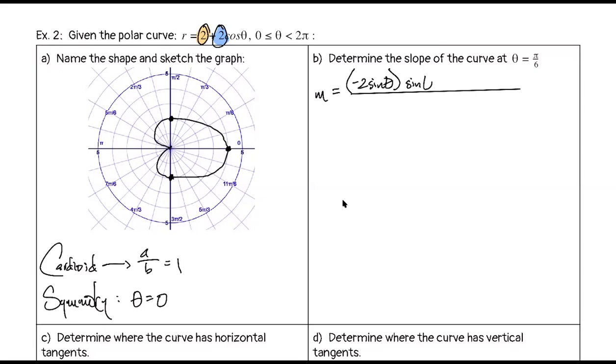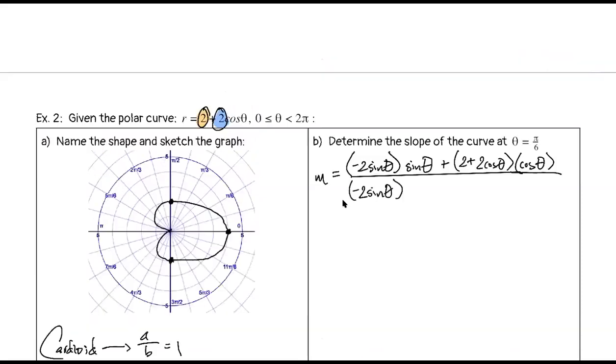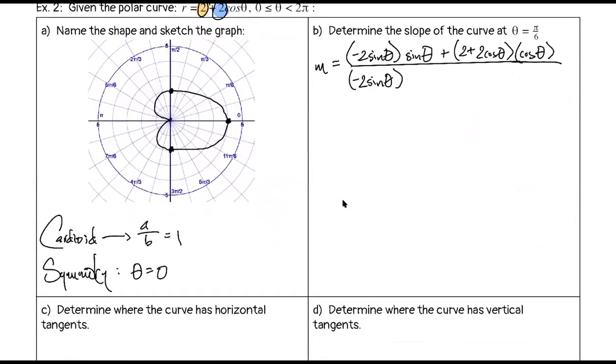And then I have a sine theta, plus r, which is 2 plus 2 cosine theta, times cosine theta. And on the bottom, I start the same way, but instead of a sine, it is a cosine. And then I have the r again, but instead of a cosine, it's a sine. And it should be a minus sign connecting those two on the bottom.